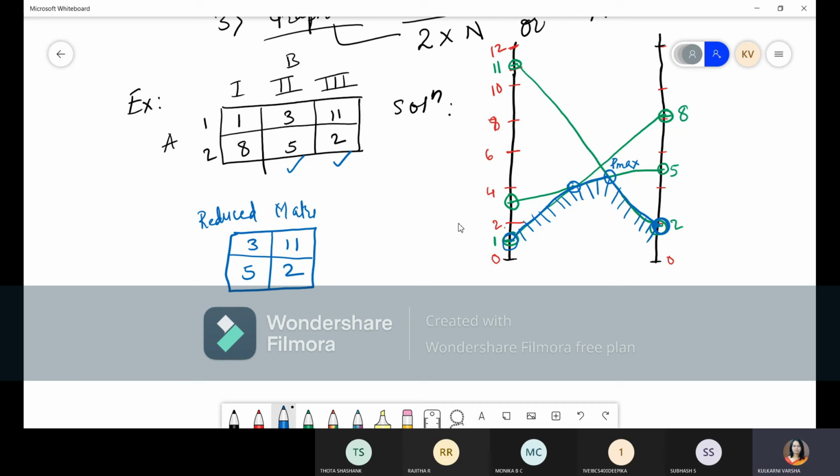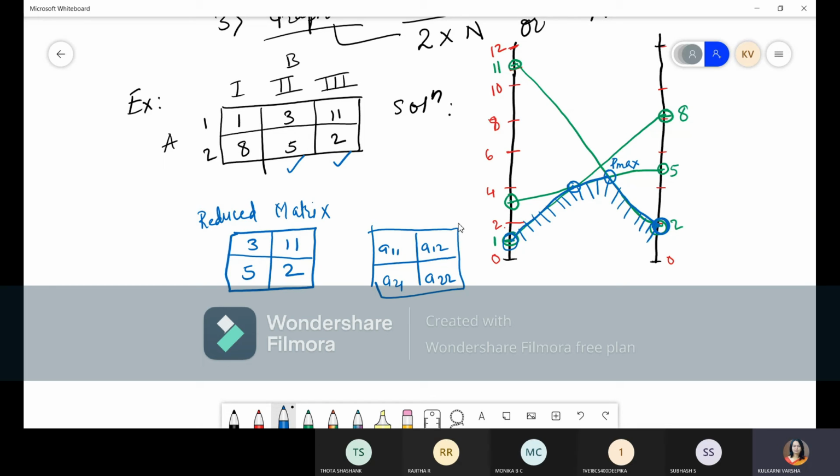This reduced matrix we need to compare with A11, A12, A21, A22, right?